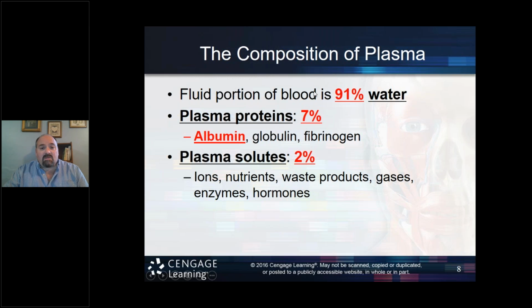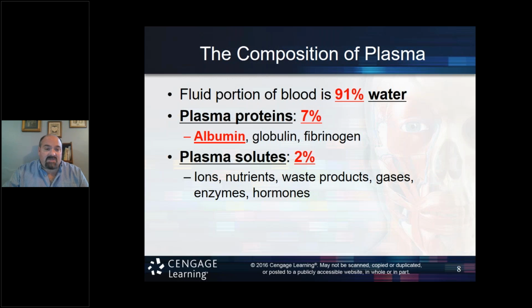The plasma is the fluid portion of the blood, and its composition is predominantly water. Plasma proteins are present. Know that albumin, globulin, and fibrinogen are plasma proteins flowing within the blood. They allow other substances to attach to the plasma proteins and be transported through the blood.